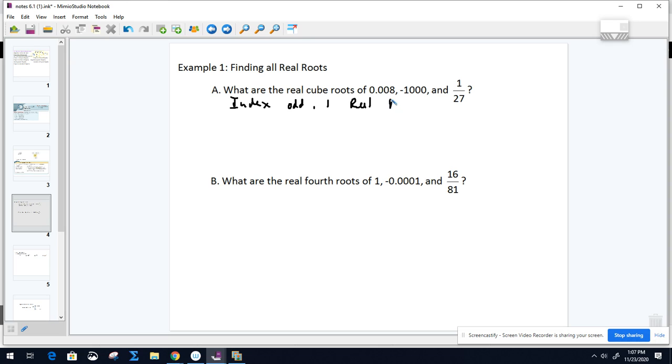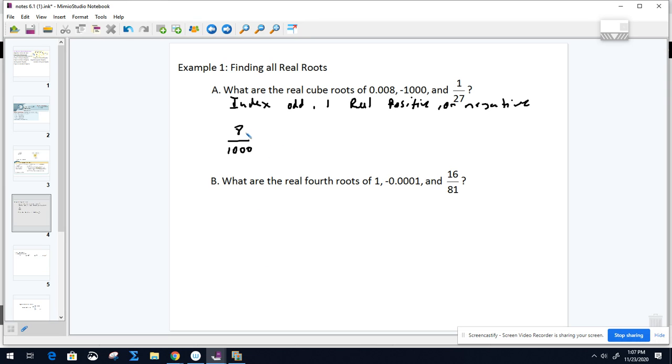It's either positive or negative, okay? And these are going to be all perfect cubes here. So I have 0.008. If I wanted to write 0.008 as a fraction, that would be 8 over 1,000. Okay.